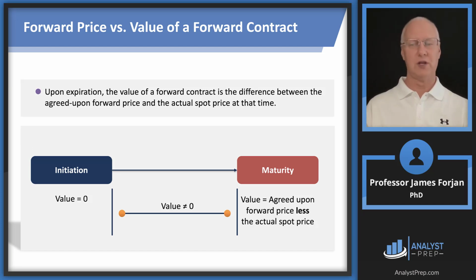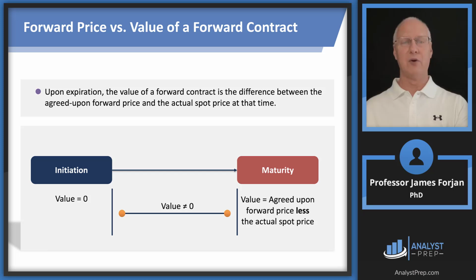Here's just a quick illustration of what we've been describing here. Initiation value is at 0. Over the life of the contract, the value is going to be probably positive or negative. And then at maturity, we go ahead and agree and exchange the asset for that agreed upon price. Now, let me go ahead and warn you of this.